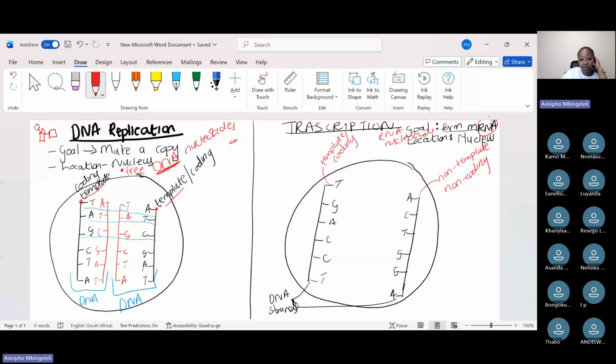So which base from the four? And remember, since we are forming messenger RNA, we are going to use A, C, G, and U. Okay, so T will be paired with which base? Will it be U?